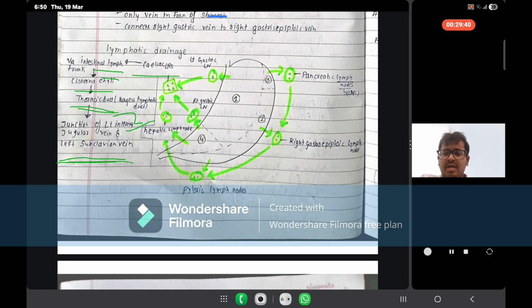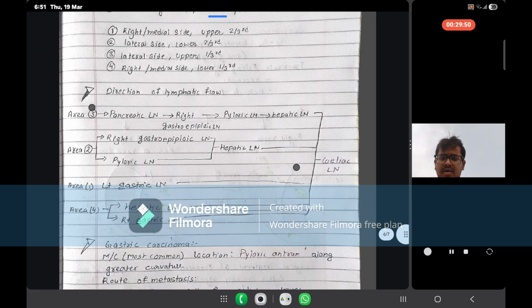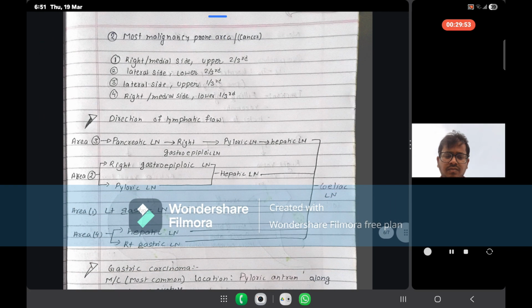And now this is the hepatic lymph node, it comes from the fourth part. So when we talk about the direction of lymph flow, if you look at the diagram, the third part: pancreatic lymph node to right gastroepiploic lymph node, pyloric lymph node, hepatic lymph node.